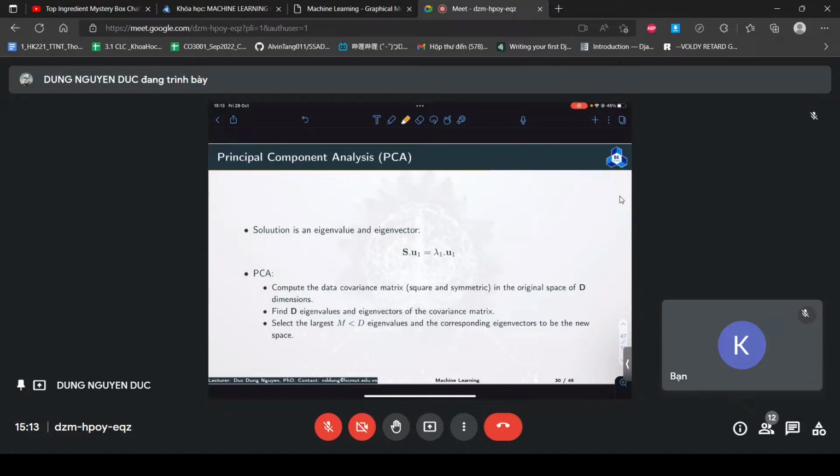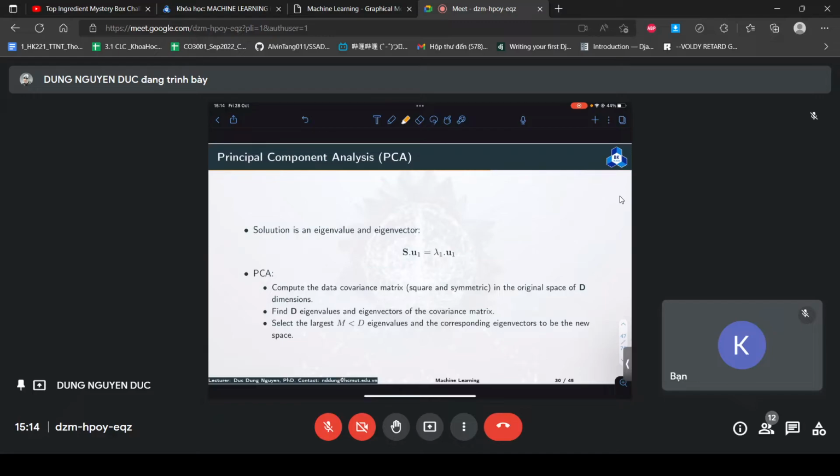And the thing is, you are going to pick the eigenvector with respect to the largest eigenvalues.